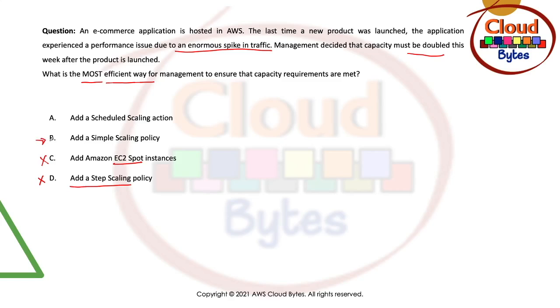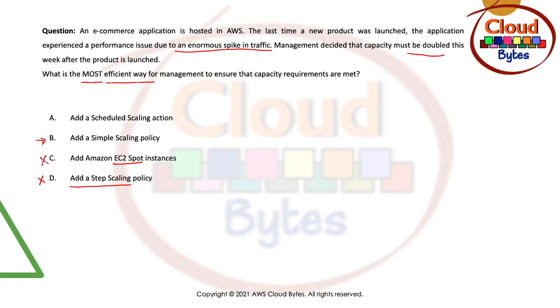Let's look at the third option here, which is add a simple scaling policy. Now, even AWS recommends having a step scaling policy. The basic difference between simple scaling policy and step scaling policy is the way it scales. In the simple scaling policy, the scaling activity will not allow another scaling to trigger until the previous scaling activity has finished and the health check is complete.